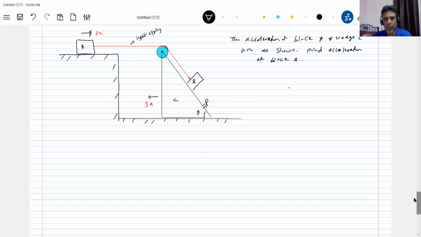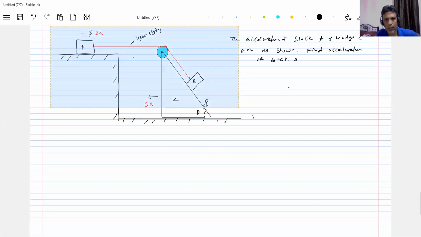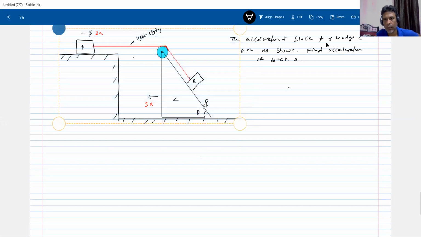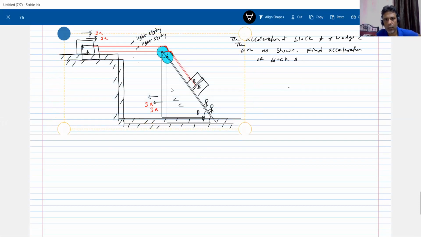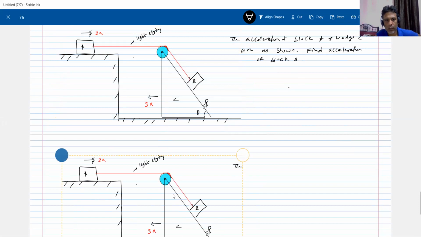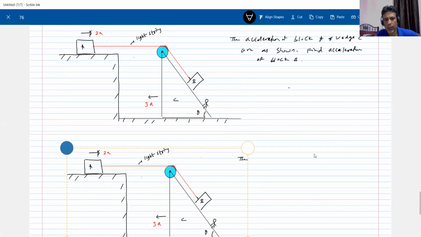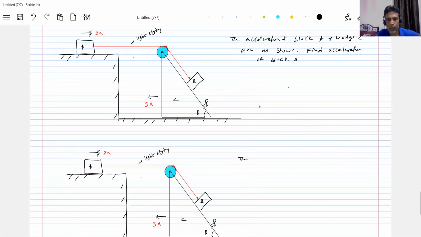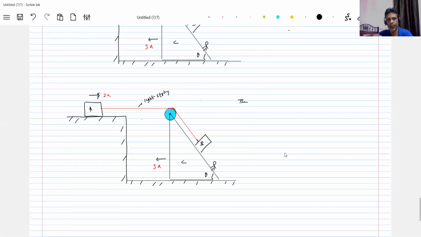Okay, let's go for the conditions here. The same diagram. I'll directly take help of the given diagram.